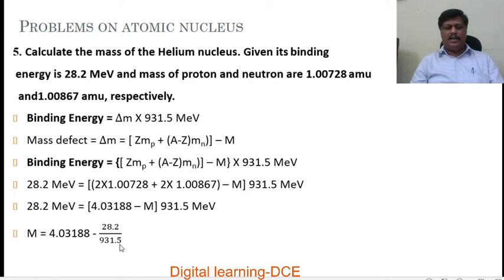After simplification, M is equal to 4.03188 minus 0.03027, which gives 4.00167 AMU, the mass of the helium nucleus having binding energy 28.2 MeV.